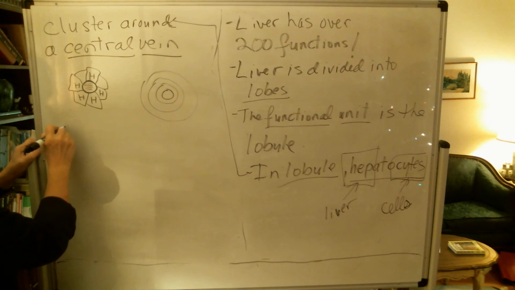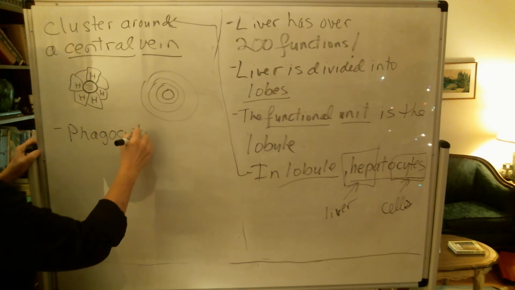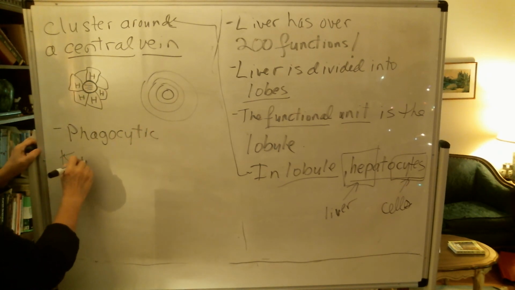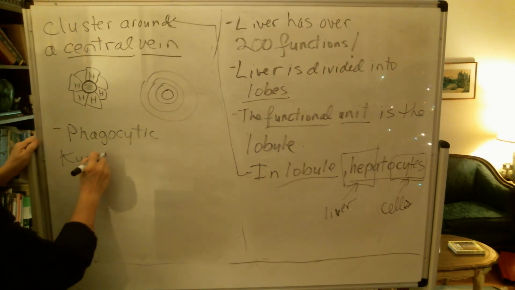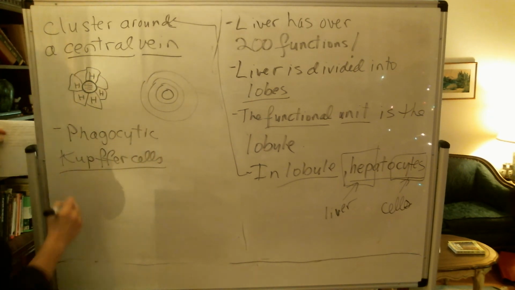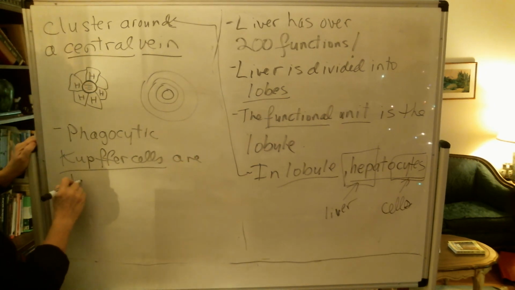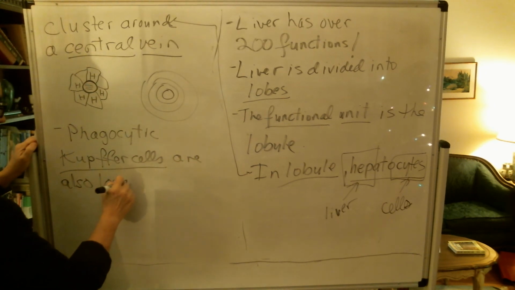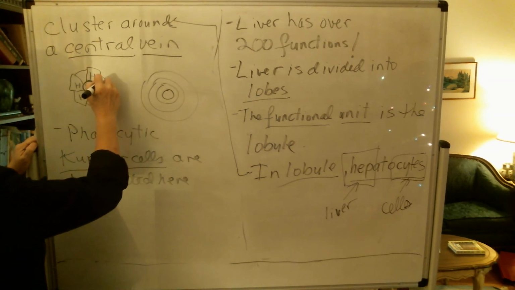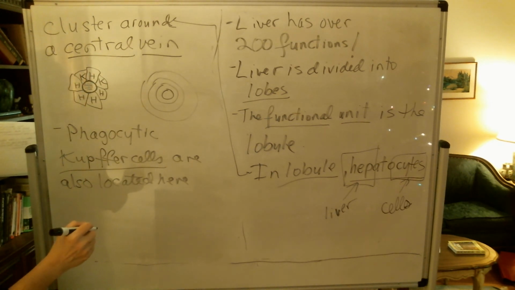And in this arrangement, you will also find your phagocytic, what are called Kupffer cells, which are also located here. So, we'll have a couple of Kupffer cells here doing their phagocytosis.